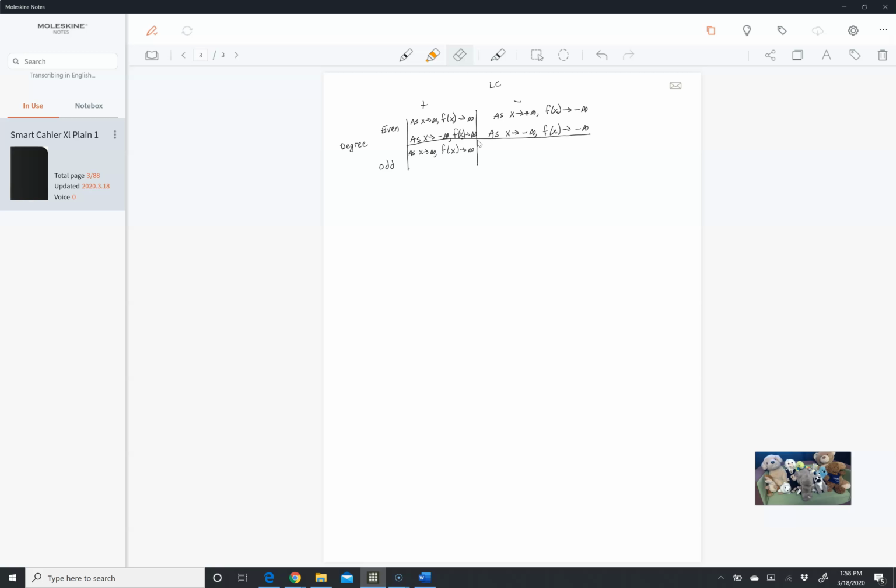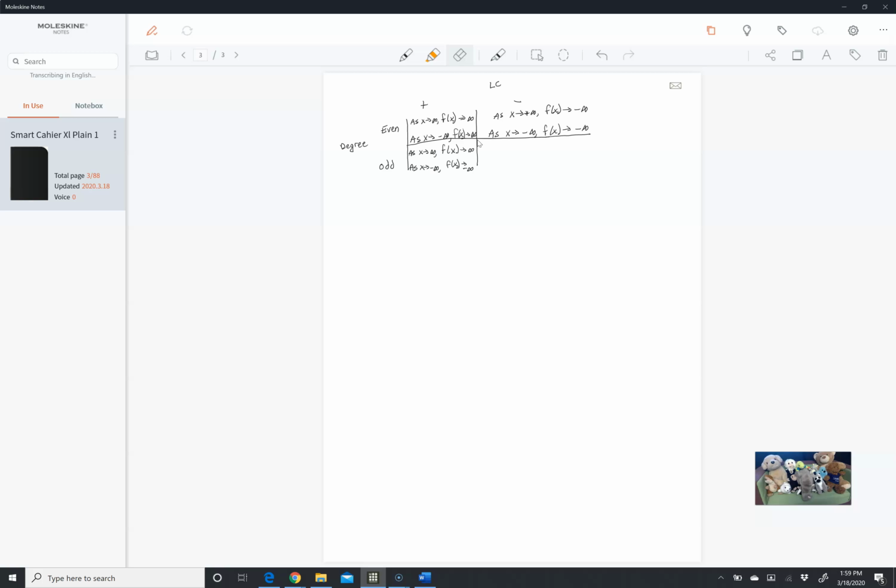So f of x is going to approach positive infinity. And as we go to the left, we're going to fall. So f of x is going to approach negative infinity.